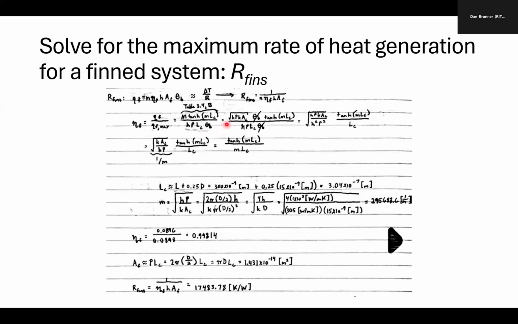And so looking again at table 3.4, we can see that the capital M term is equal to this square root of the convection coefficient times the perimeter times the thermal conductivity times the cross-sectional area, times, outside of the square root, the theta b term. And so you can see the theta b term cancels out in both the numerator and the denominator.